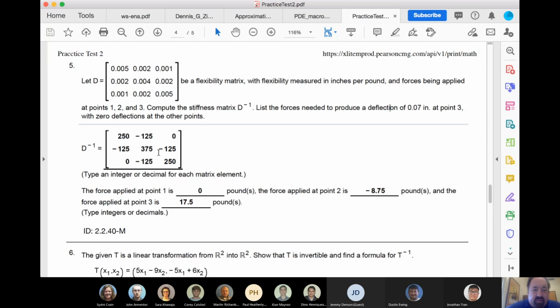So that would amount to taking the third column of the inverse and multiplying it by 0.07. So that's another way to look at it. If you carried out the matrix vector product, D inverse times the vector that describes these deflections, that's what it would amount to: taking just the third column and scaling it by this.